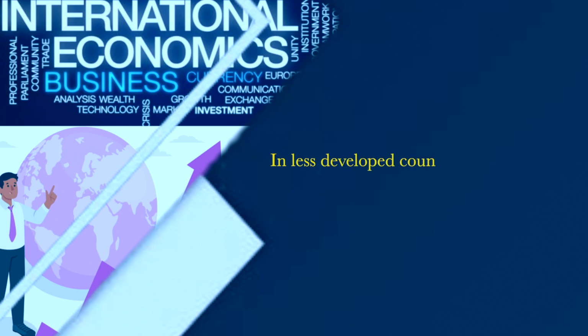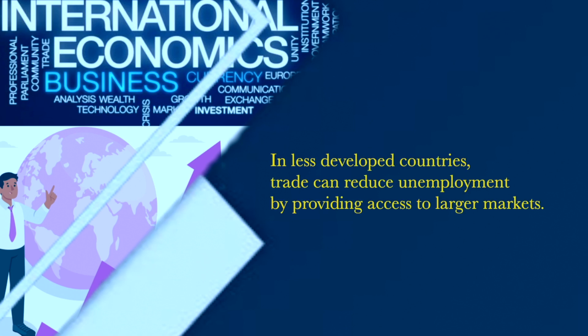It generally happens that in less developed countries, trade can reduce unemployment by providing access to larger markets. By specializing in the production of primary commodities and exporting them, developing countries can expand their market beyond their borders.